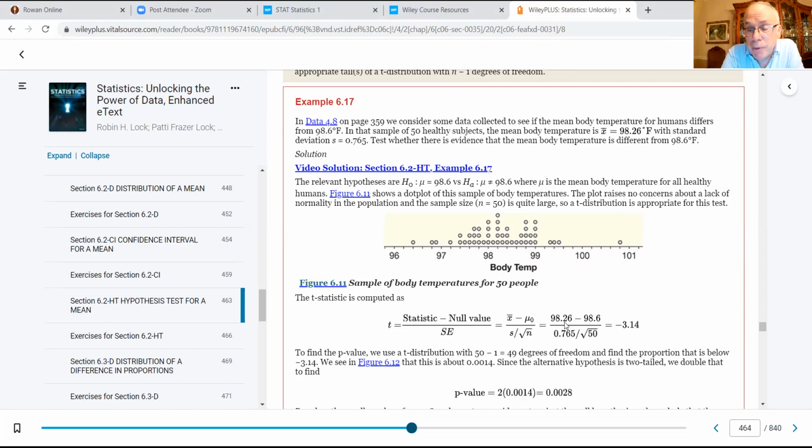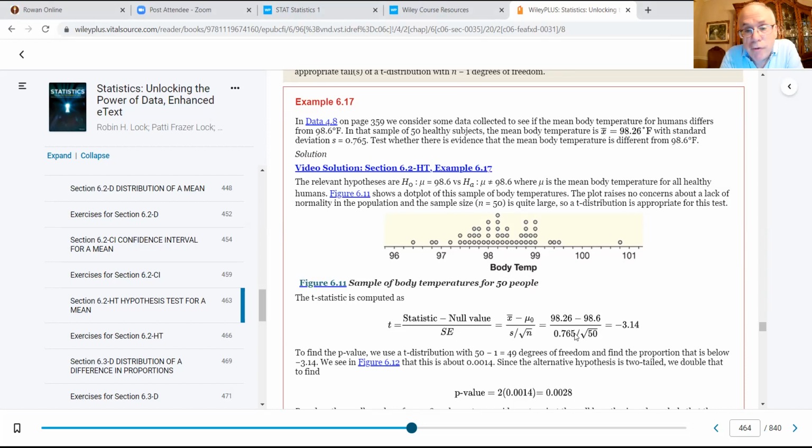This is step 3 now. What is the hypothesized mean? It is 98.6. The denominator is 0.765, the sample standard deviation. Now, where do they come up with that?